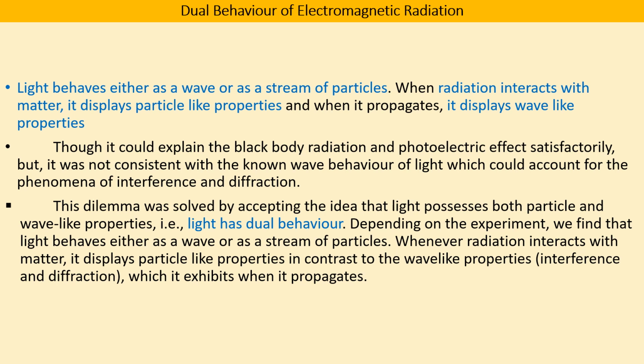That is, light has a dual behavior. Depending on the experiment, we find that the light behaves either as a wave or as a stream of particles. Whenever radiation interacts with matter, it displays particle-like properties in contrast to wave-like properties, that is interference and diffraction, which it exhibits when it propagates.